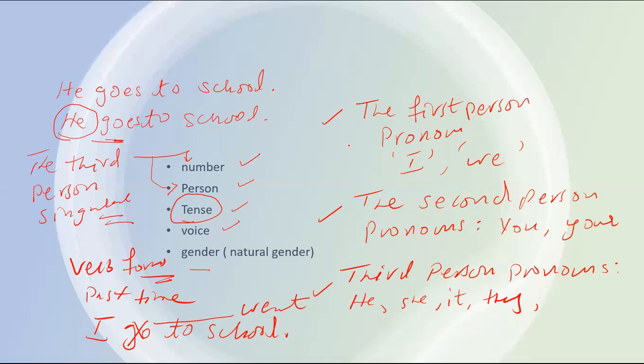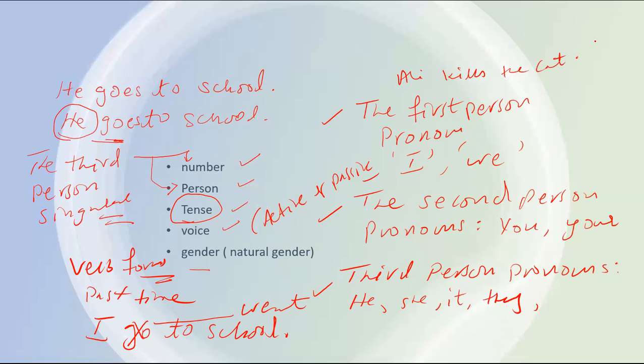Okay. Then comes voice. Now, in English, we have two voices, active and passive voice. Now, we use active voice when our focus is the doer of an action. For example, Ali kills the cat.